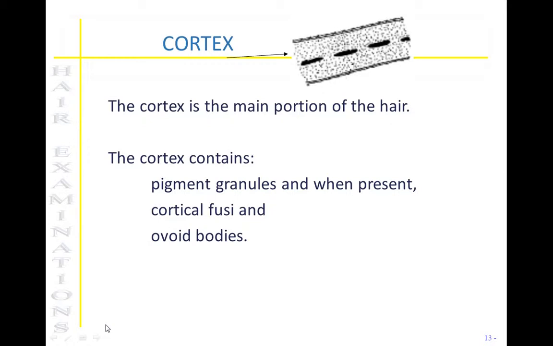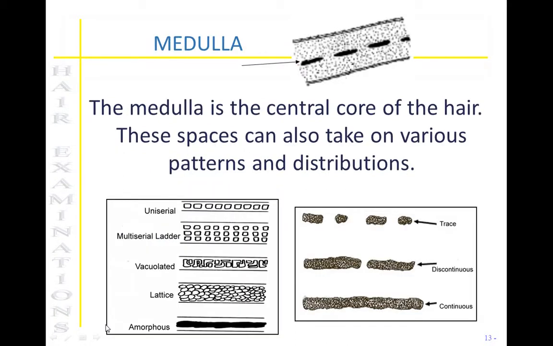There may also be cortical fusi in the cortex of the hair. These are air pockets that develop in the shaft of the hair while it's growing. Also present at times may be ovoid bodies, which are a lot larger pigment structures that look like small little footballs in shape.